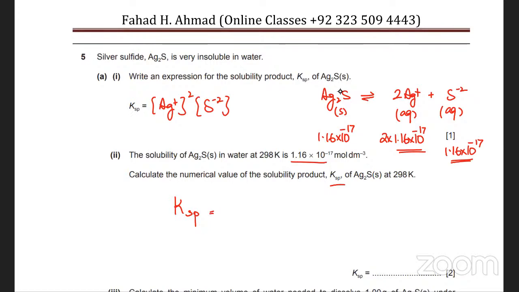I'm just going to plug it in the expression. So it's going to be 2 times 1.16. So you have to be very careful with the calculation. 10 power minus 17, squared, and the other one is just 1.16 times 10 power minus 17, and that's just power 1. Okay.